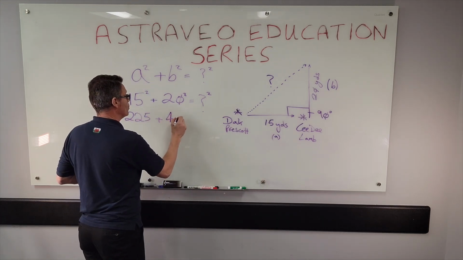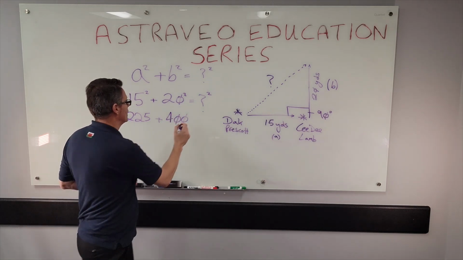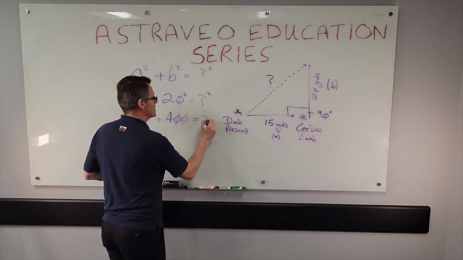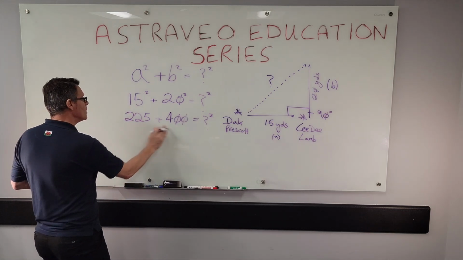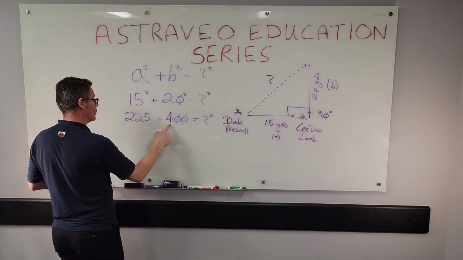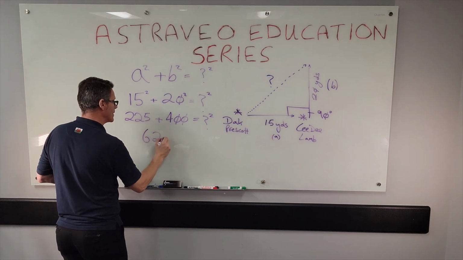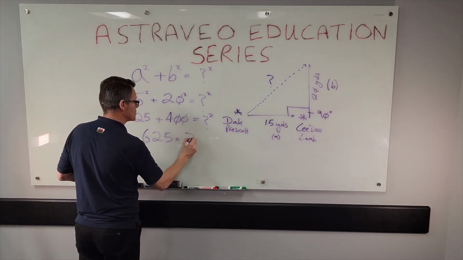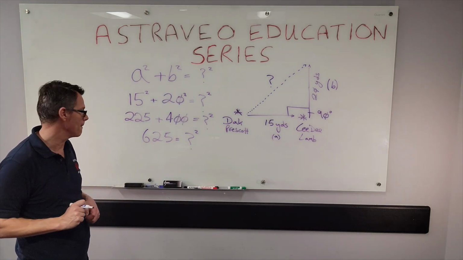So 20 squared is 400. Don't forget our equal sign. That's the square of the distance that Dak has to throw the ball. So if you add these two up, you get 400, 600, and 25. So we have 625 equals the square of how far Dak has to throw the ball to CD Lamb.